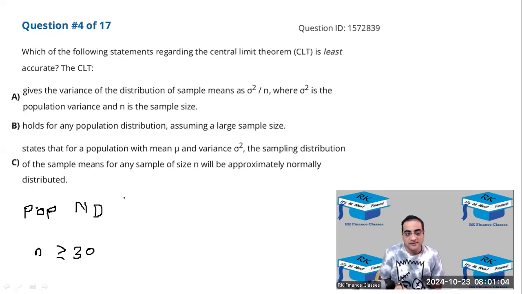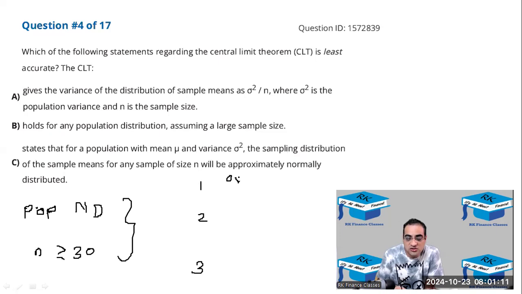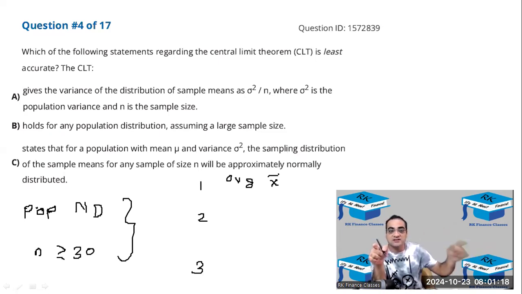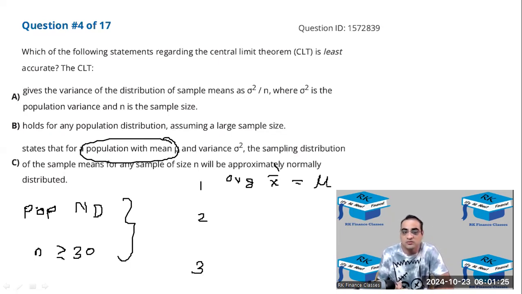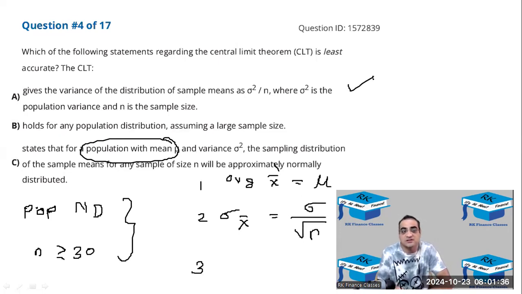If even one of these conditions is true, three things are proved. Number one, as we already said, the average of all those x bars, and by the way, the size of every sample will be the same, the same as in resampling and bootstrap, here also all the samples should have the same size, is equal to the population average, which is denoted as mu, but you can write population average. Number two, the standard deviation of the sample means, that is x bar, called the sample mean, is equal to population standard deviation divided by square root of n, which was mentioned in option A.